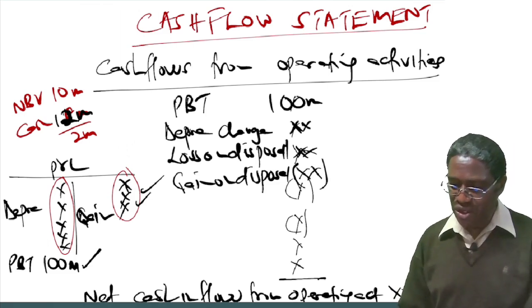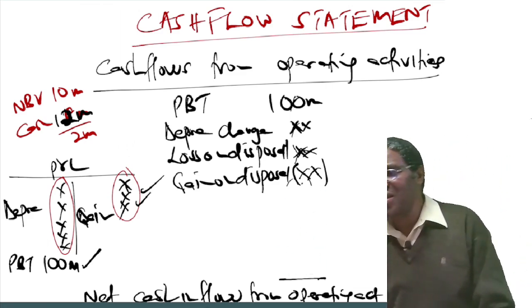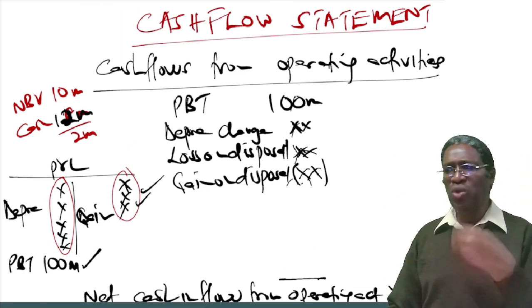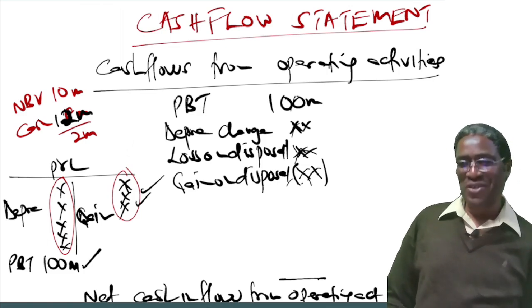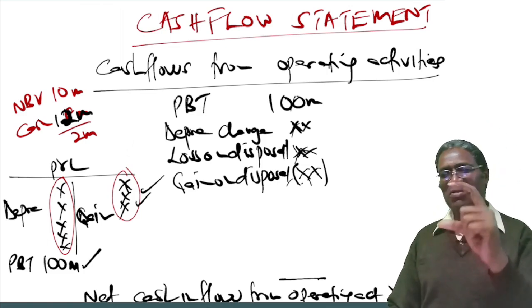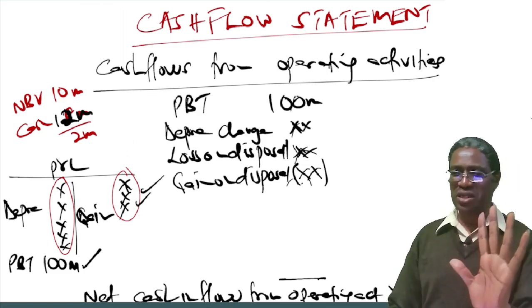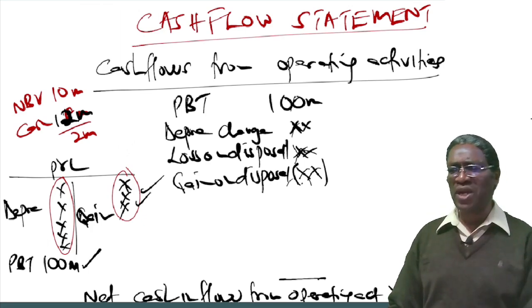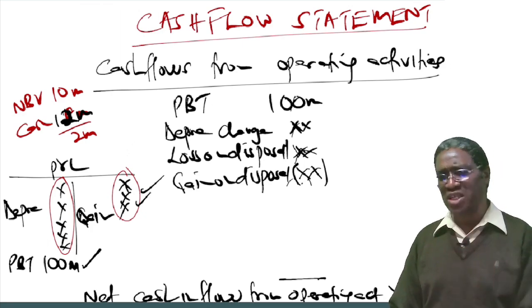Good. Somebody has given me another one, and that is amortization. Correct. Just like depreciation, when you amortize an intangible asset, maybe it is a copyright or trademark or any other intangible asset.